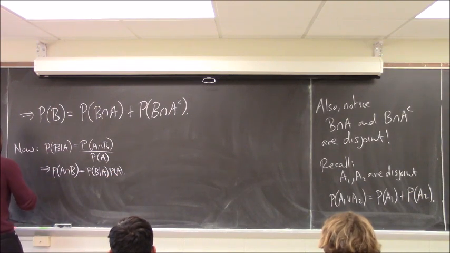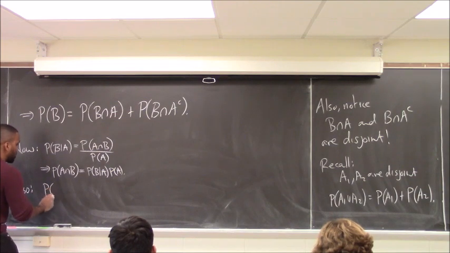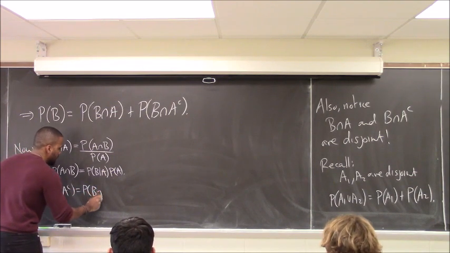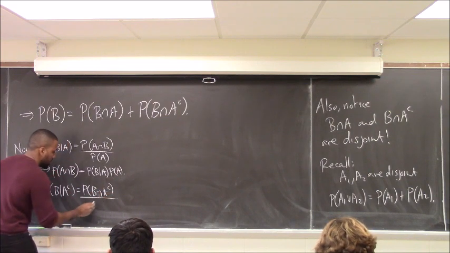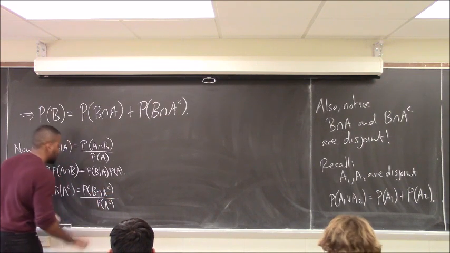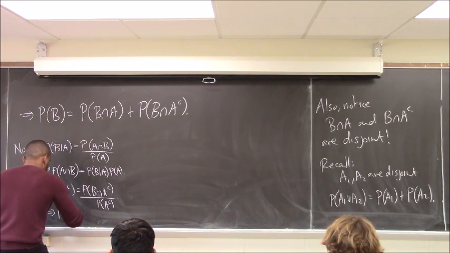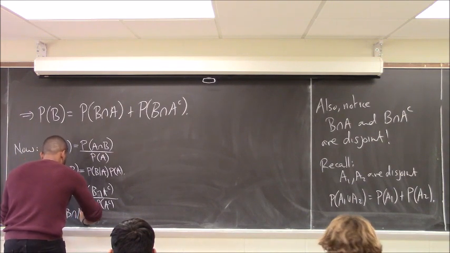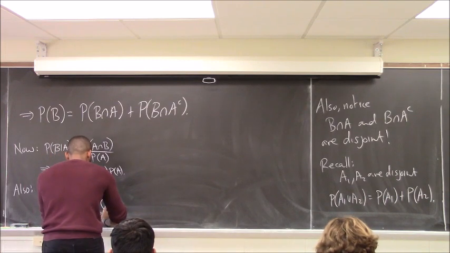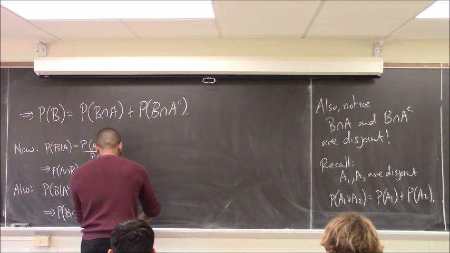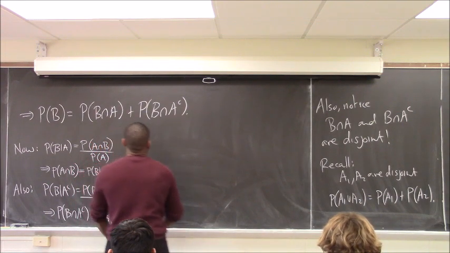Also, the probability of B given A complement, well that's the probability of B and A complement divided by the probability of A complement. So this means I can write the probability of B intersect A complement as the probability of B given A complement times the probability of A complement.